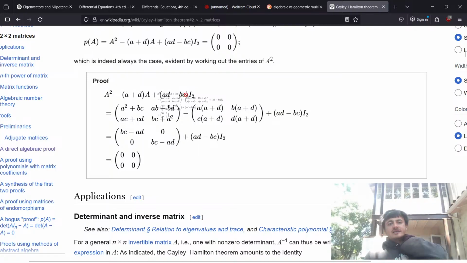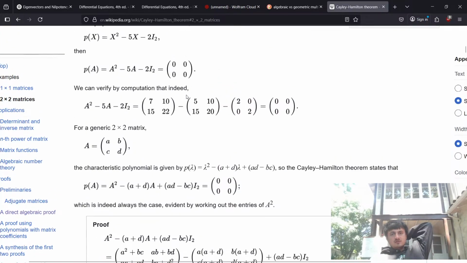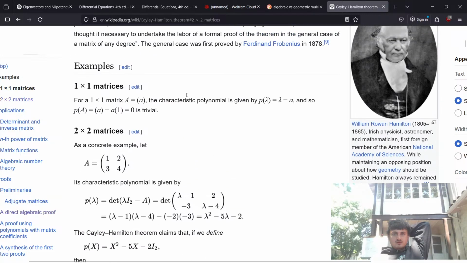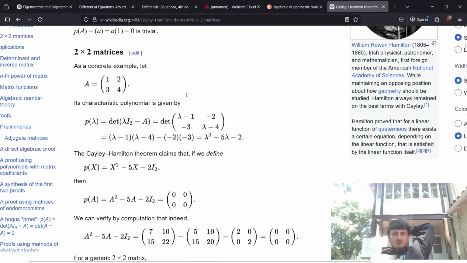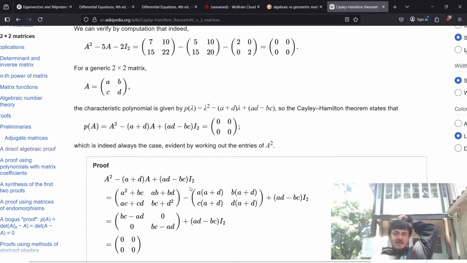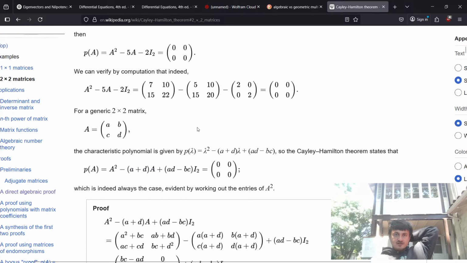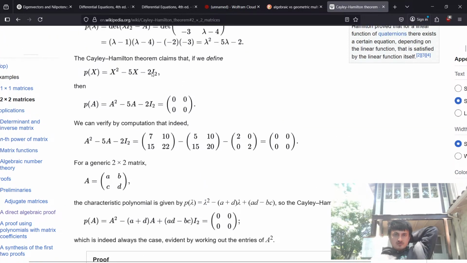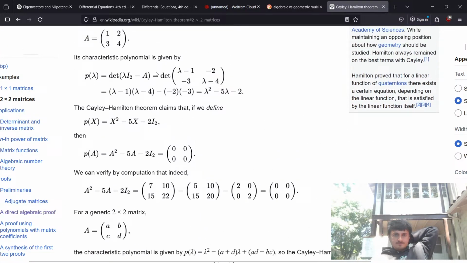So in this case, we have to say A to the 0, right? Because this is going to be A to the 0.